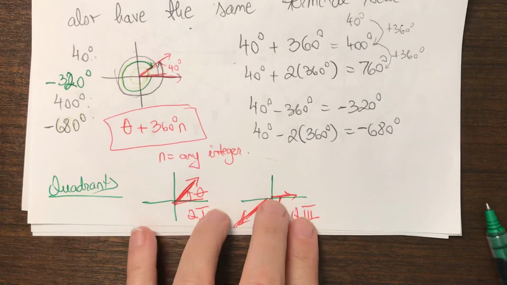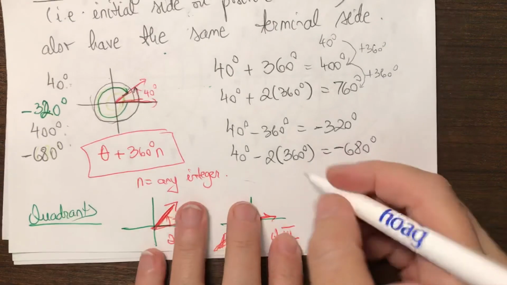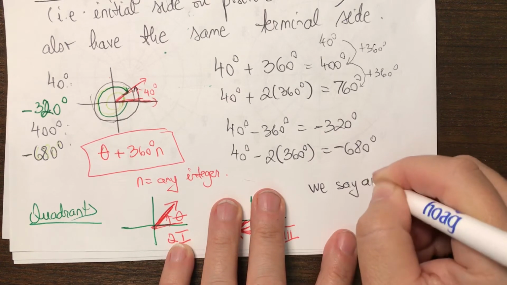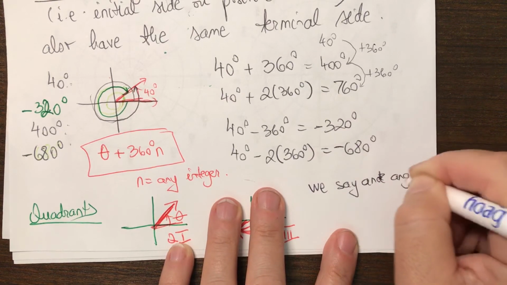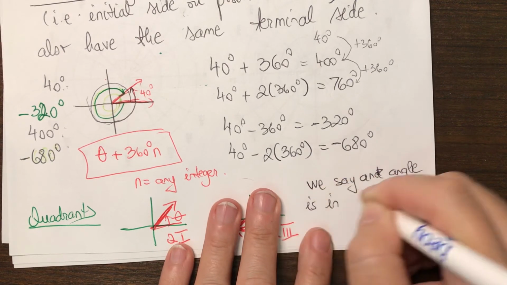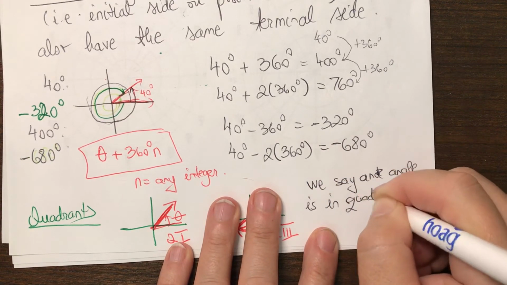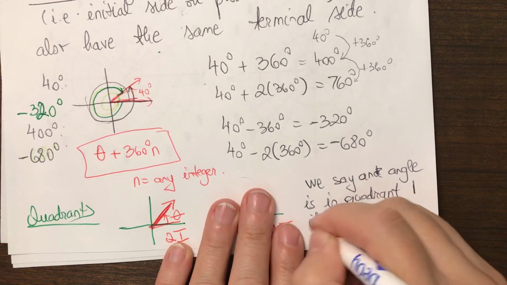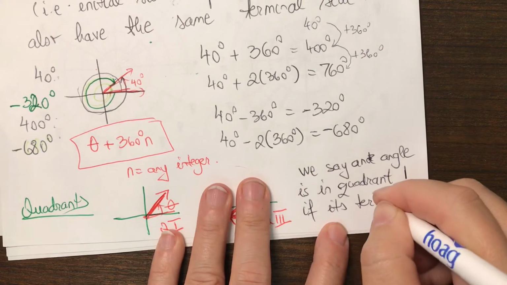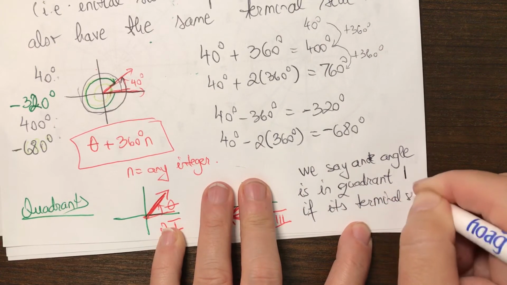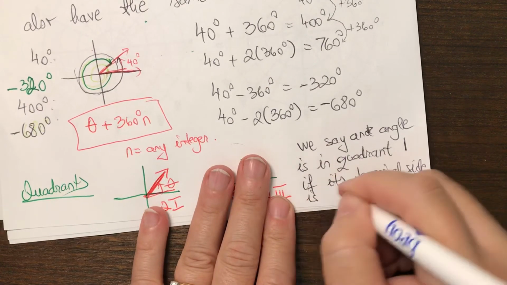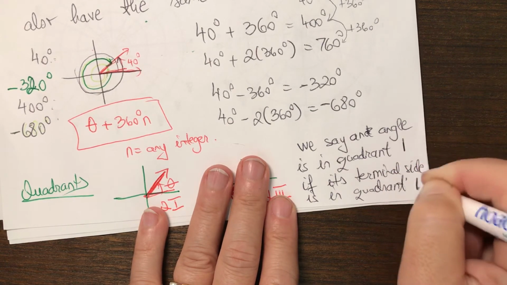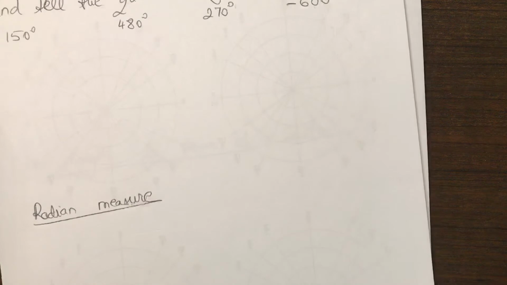So we say an angle is in quadrant 1 if its terminal side is in quadrant 1.